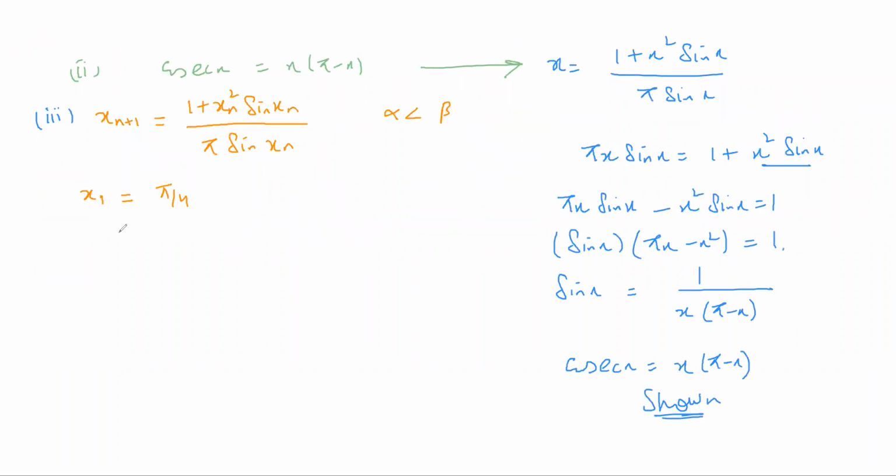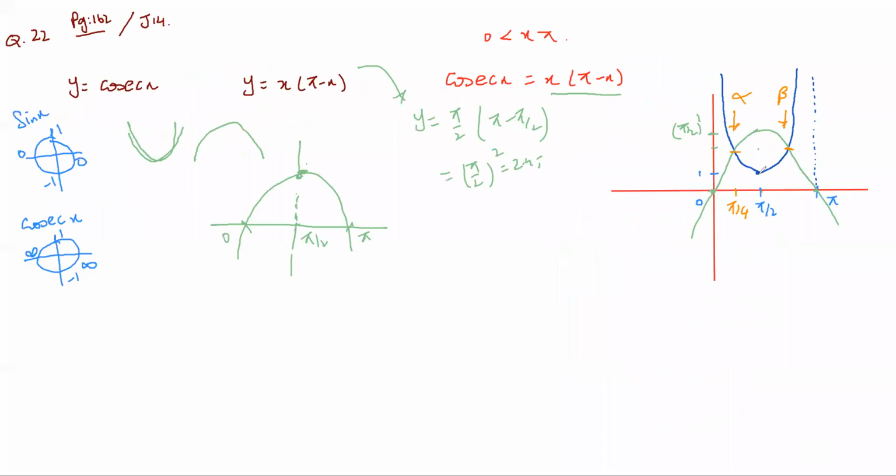Sir, can we also take pi by 2? Very good question. If you take pi by 2, there is a chance you might end up getting this beta over here. There is a 50% chance of getting beta because pi by 2 is equally distant from both of these roots. So I need to take a value between 0 and pi by 2.